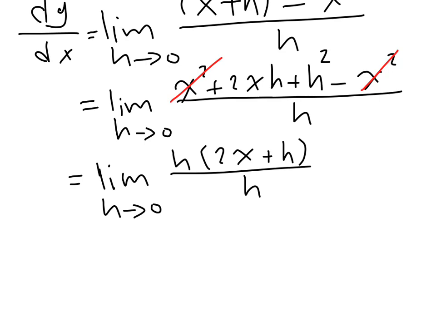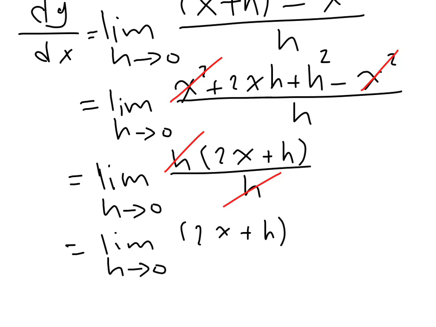This is actually the moment we are waiting for, because all we did was to get rid of h, and now you can see we can do it here. Alright, so h and h cancel, and we are left with the following: the limit of 2x plus h when h approaches 0.